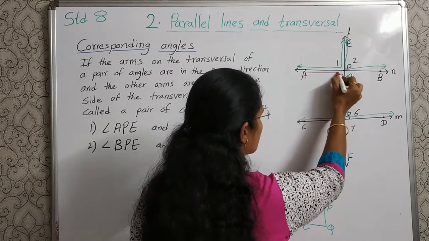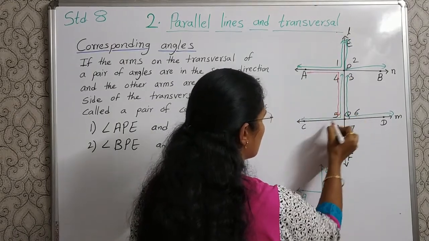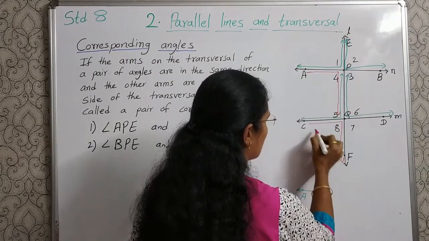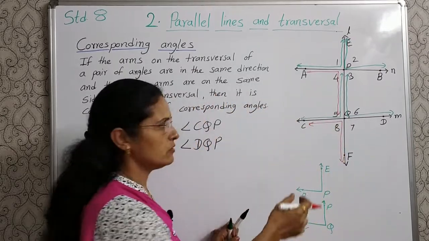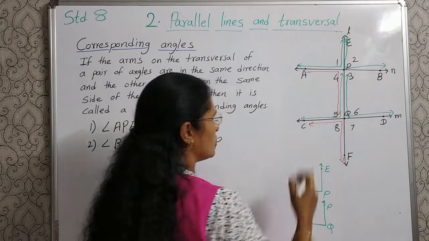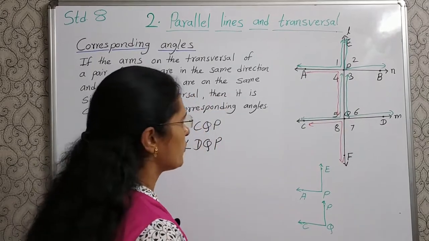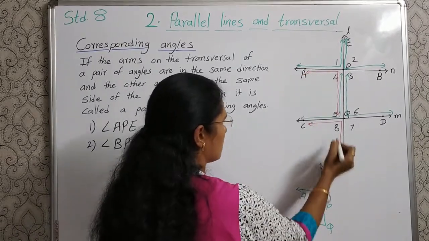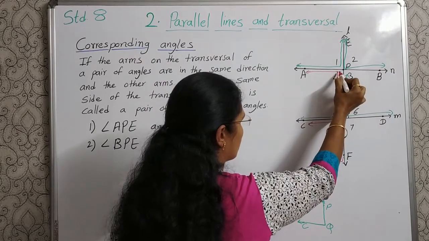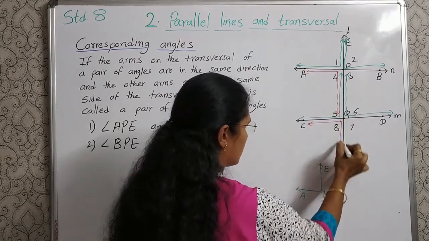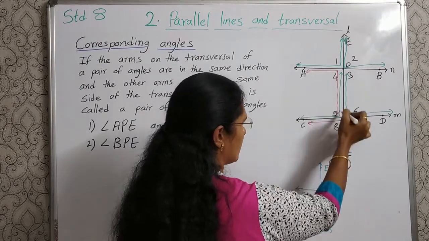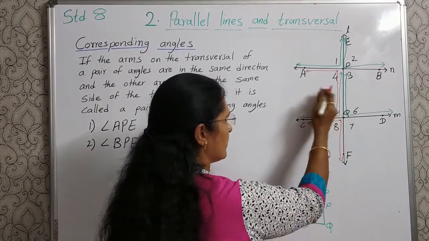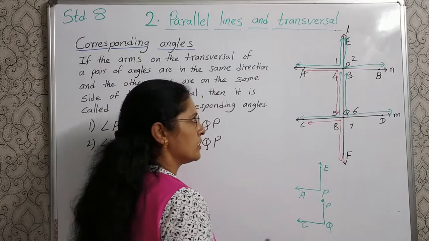Third pair is this. So these two angles which I marked red are showing another pair of corresponding angles. See, this arm and this arm are on the transversal. They are actually on it, but I drew it beside the transversal.